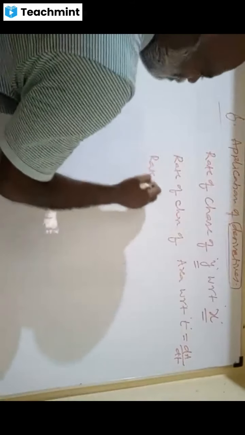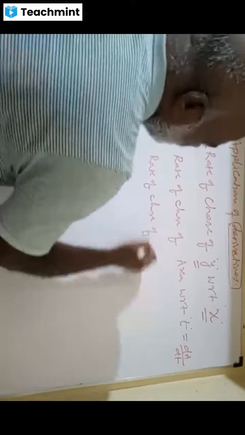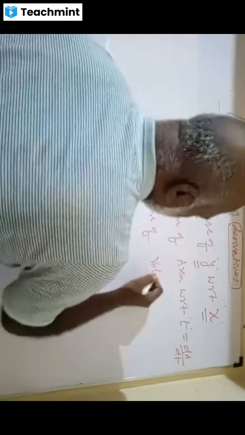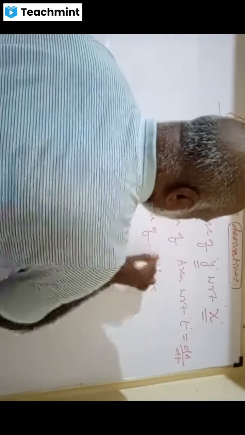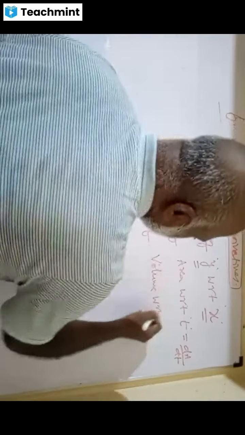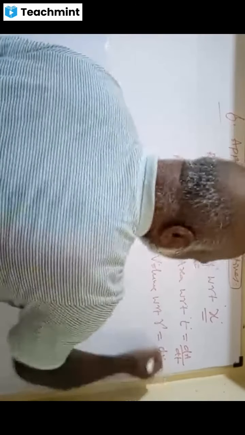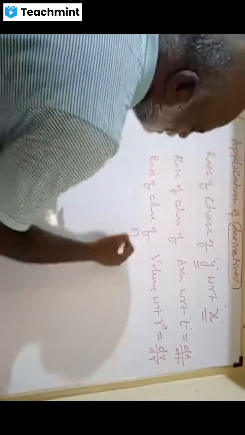A rate of change of volume with respect to radius, then it is called dV by dr of a sphere.